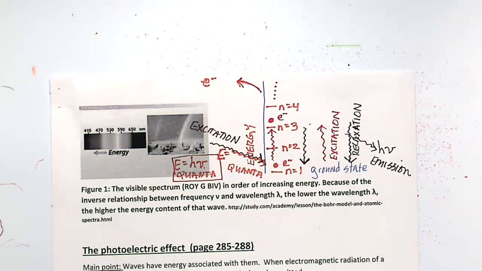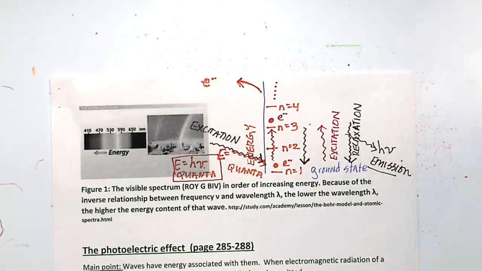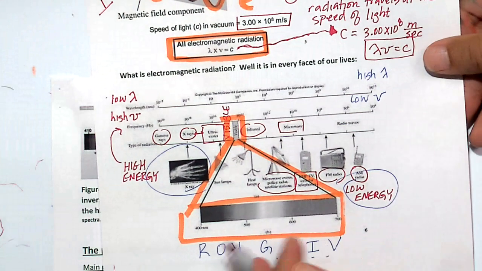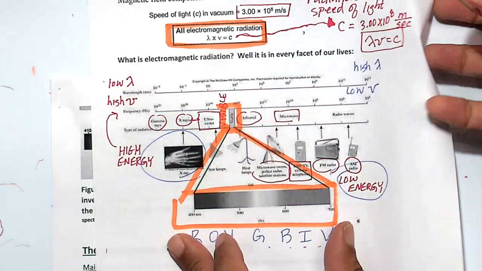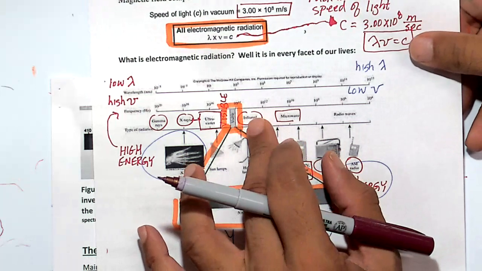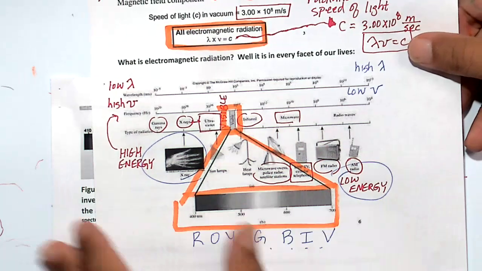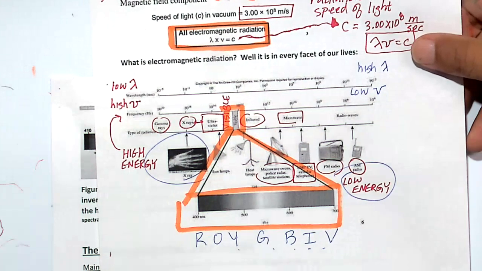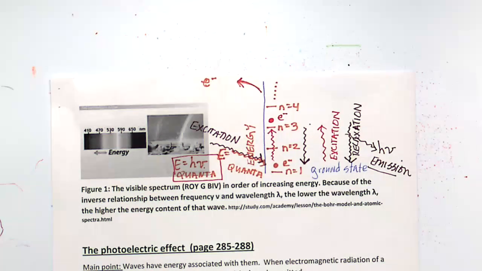As it relaxes back, it emits energy. What form of energy does it emit? It could emit red light, white light, blue light, infrared, microwave, whatever, somewhere in the electromagnetic spectrum. So that is what the photoelectric effect is.